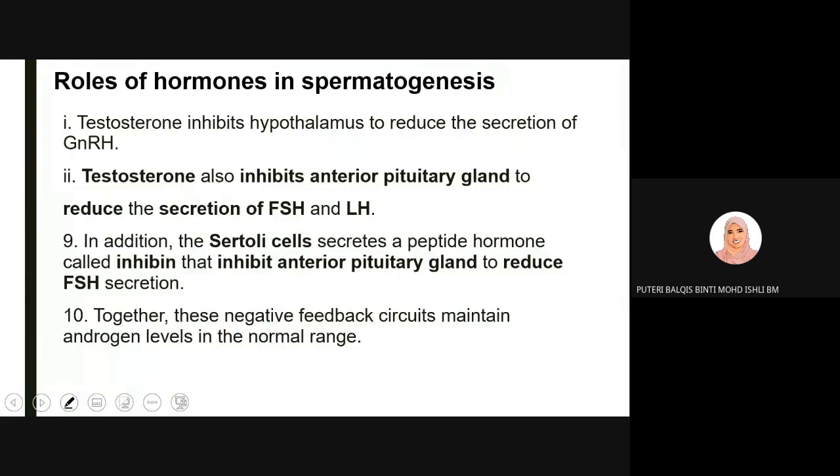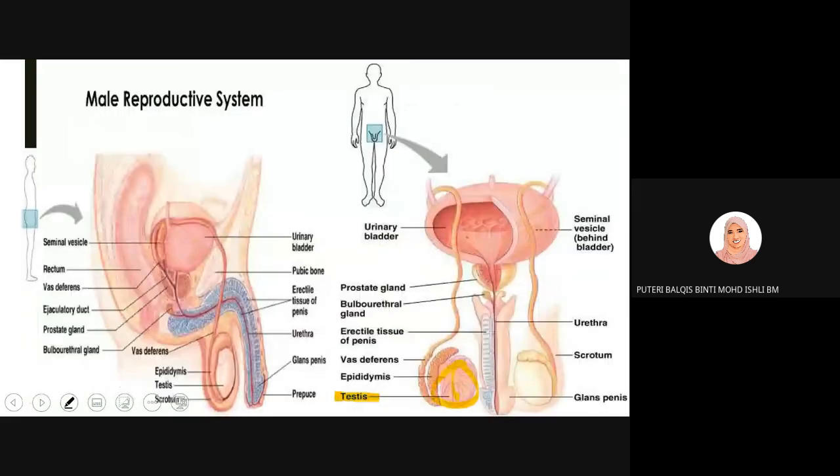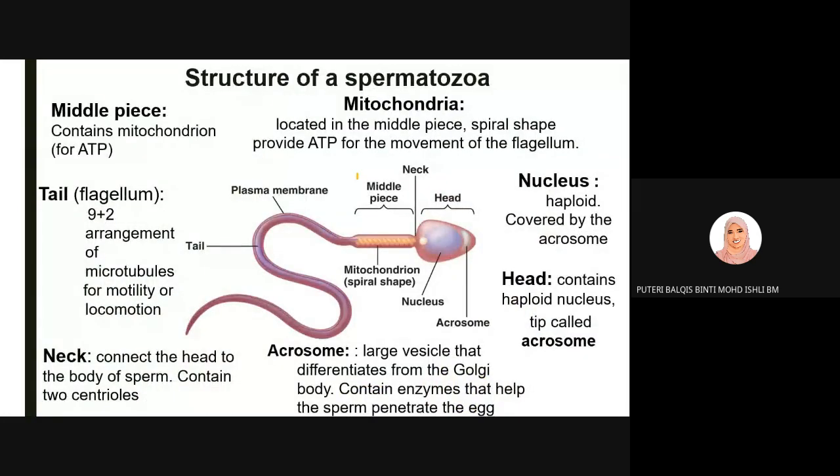Okay, we go on to the structure of sperm. We know it has a tail, then a middle piece, a neck, and a head, with the nucleus, acrosome and mitochondria. Let's start from the back, the tail.